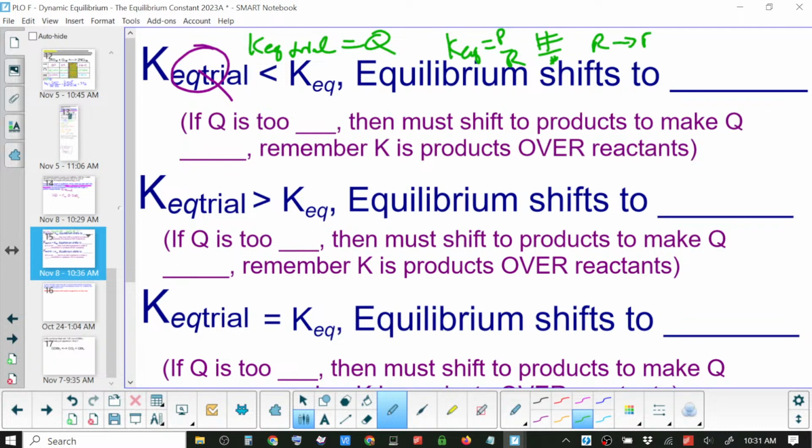I just graphically made the number bigger. So if Q is too small, then it must shift to the products to make Q bigger. And K is the products over the reactants, so we shift to different sides, and the overall size of the number shifts.